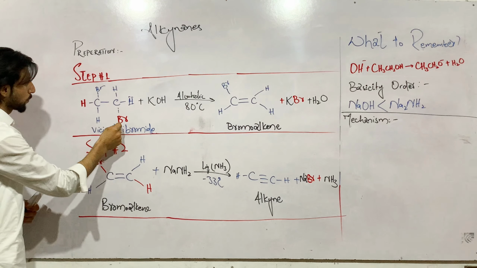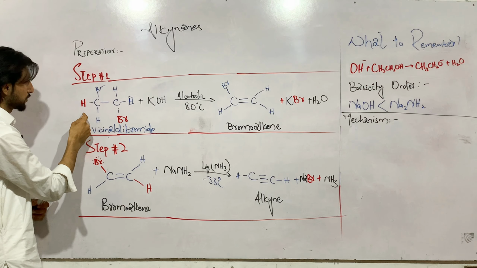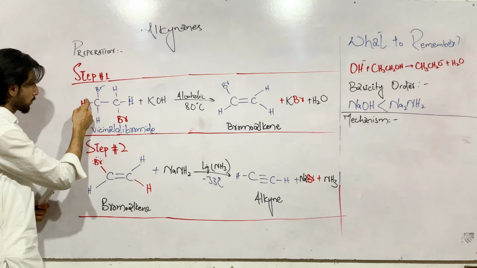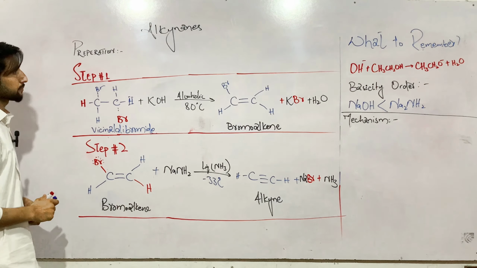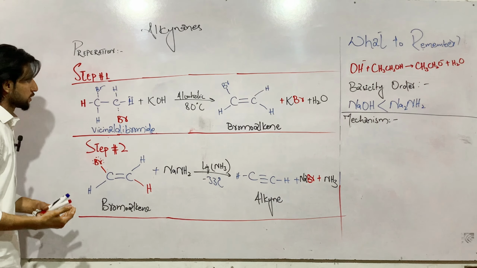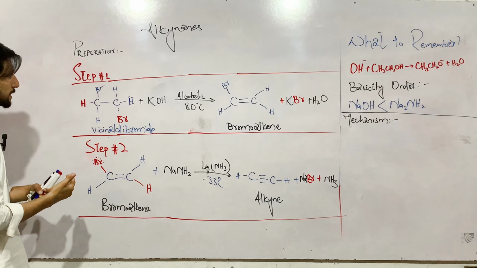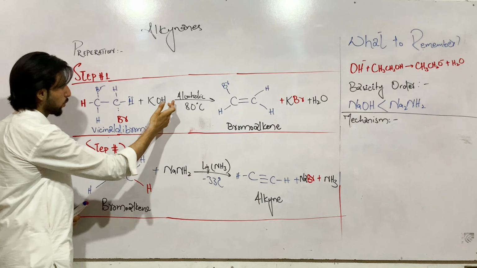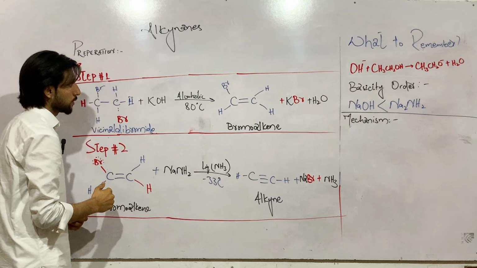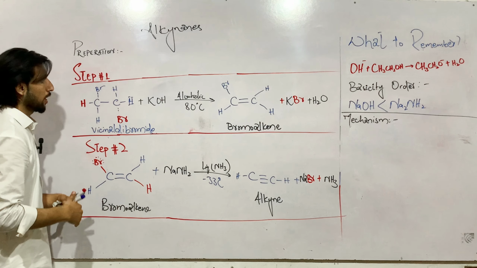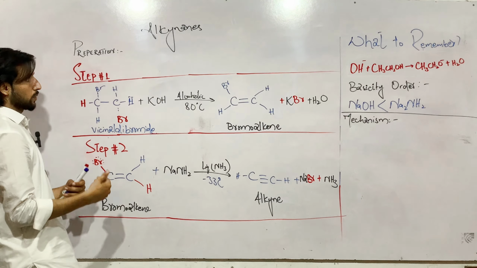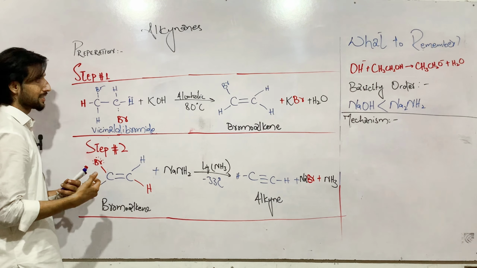At step 1 we see the elimination of this proton with this bromine atom. How does this happen? This happens in the presence of alcoholic KOH. What does alcoholic KOH do to our reactants? It does elimination.